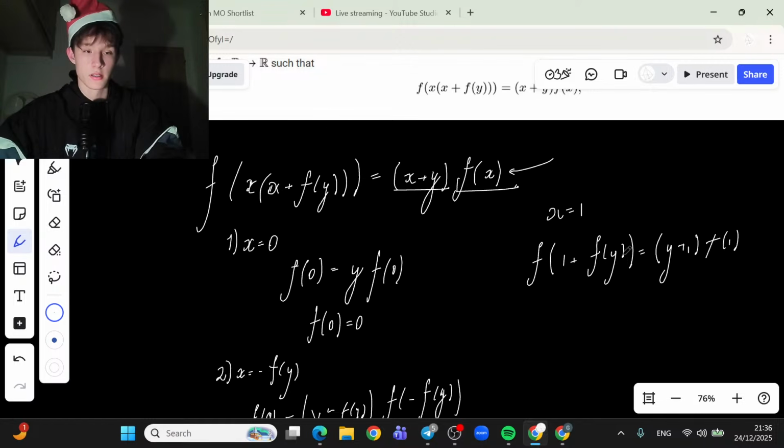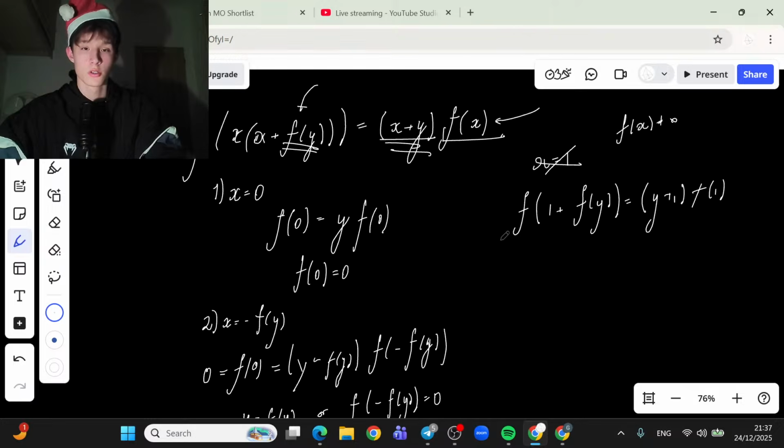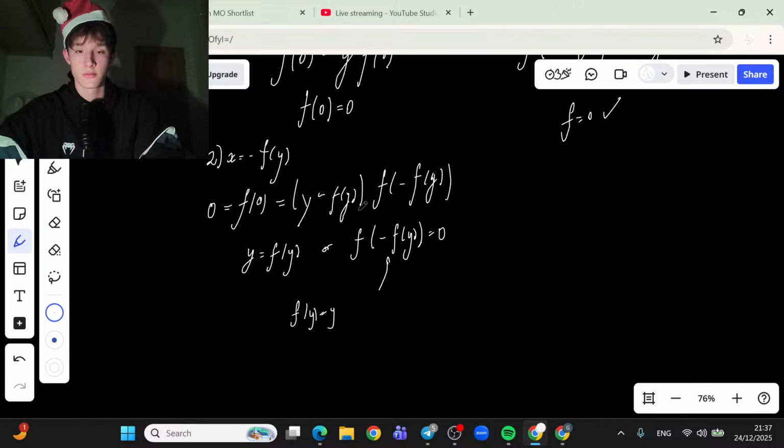This means that for any x, if there's an x such that f of x is not equal to 0, I can say that f is injective, because then these are equal and these are different if f of x is not equal to 0. So obviously the solution f equals 0 works. In the other case, if there exists a non-zero value, then we get that f is bijective.